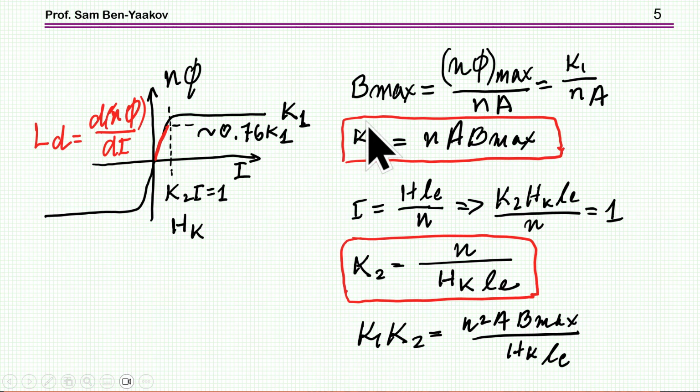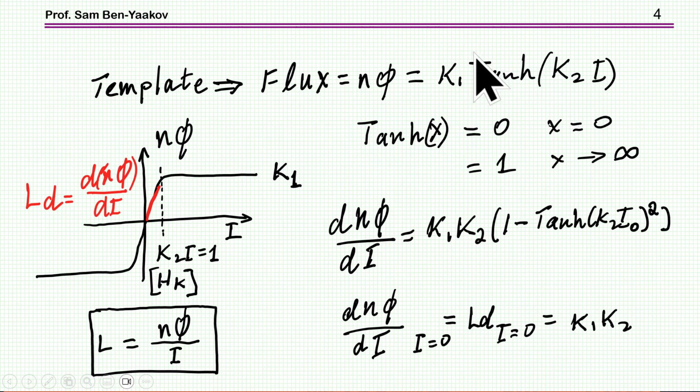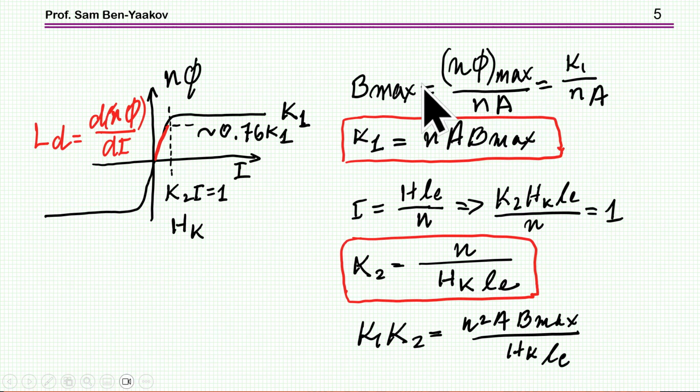Now in a typical BH curve, we have the maximum magnetic flux density where it saturates, and this will be equal to this n phi, which is the function we are working with, divided by n first of all, and then by A. When this function is 1, that is for large values, n times phi is K1, so this ratio is K1, the n phi at large values, divided by n, because we have an extra n here, and then divided by A to get from the flux to the flux density as we want it here.